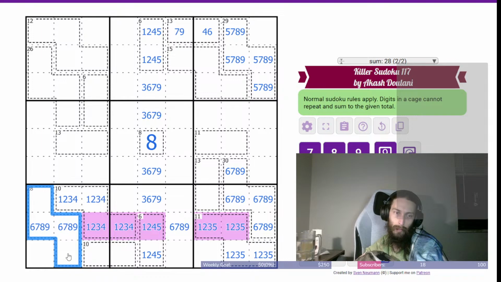The 28 has to be either 7, 8, 9, and 4, or 8, 9, and 5, 6.